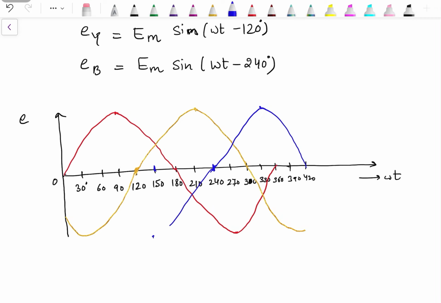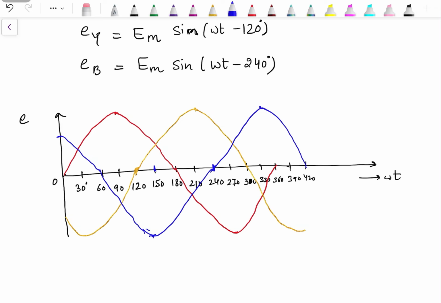Negative maximum over here. It was positive at 0 degrees, but that was not the maximum value.